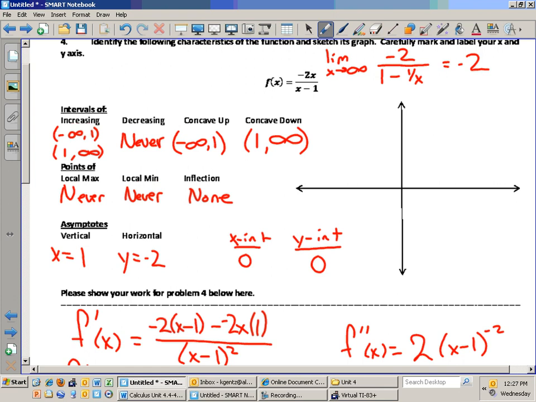Now is the fun part. We get to draw it. It's awesome to draw this thing. We have 1 and negative 2. So I'm going to make some sketches here, being real careful with my tick marks, to see if I can look exactly like my calculator. X is 1, so I got this vertical asymptote right here.